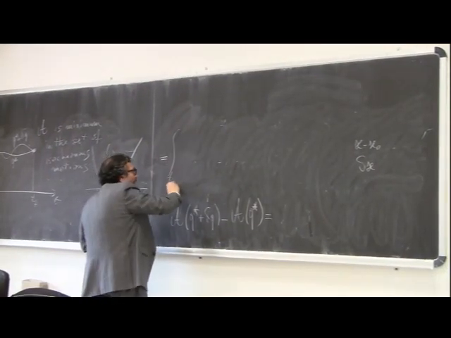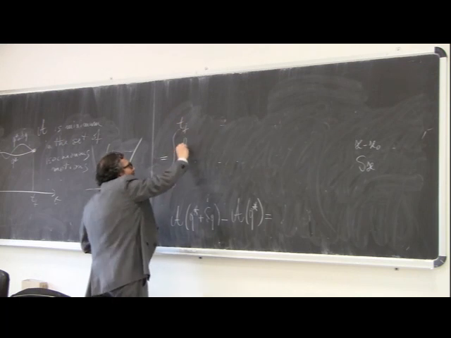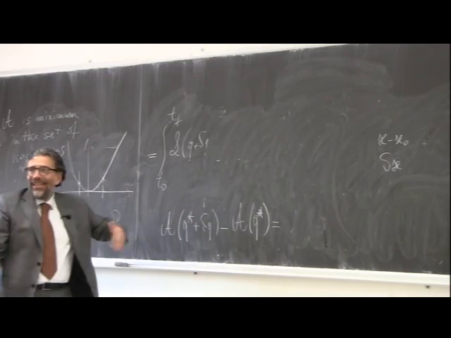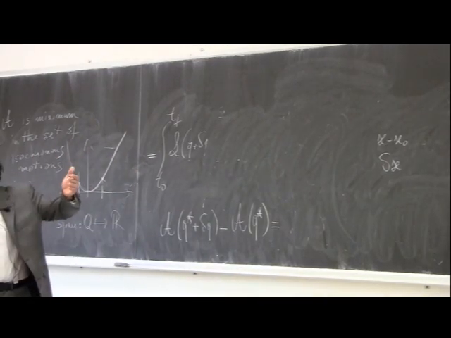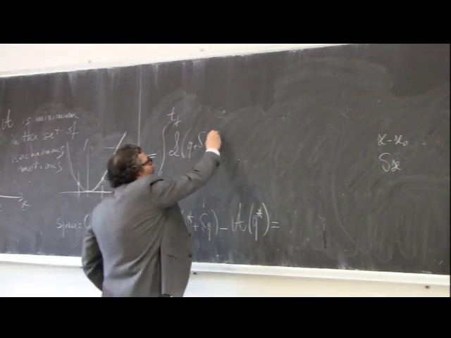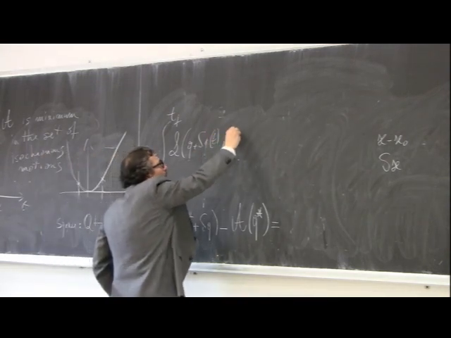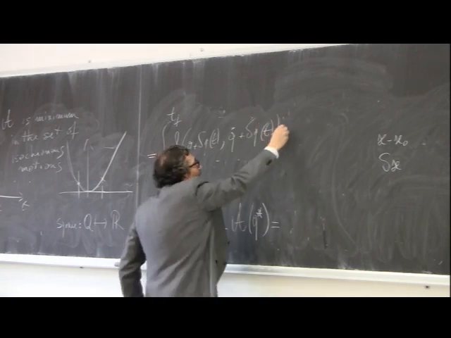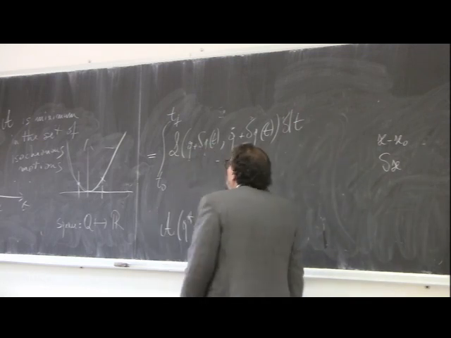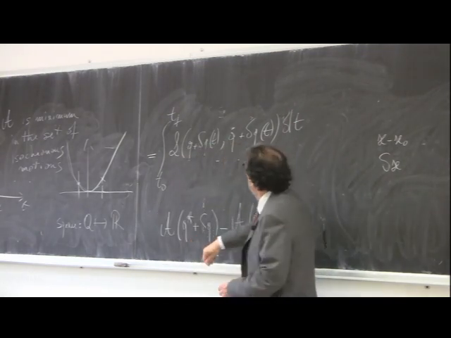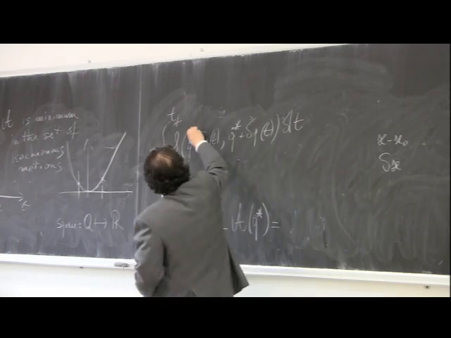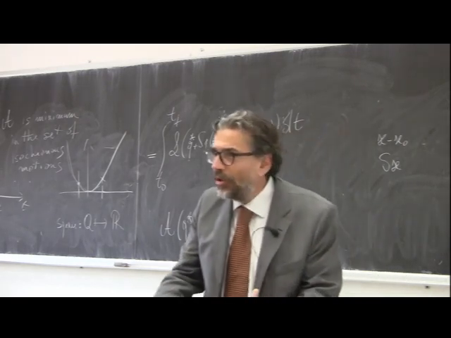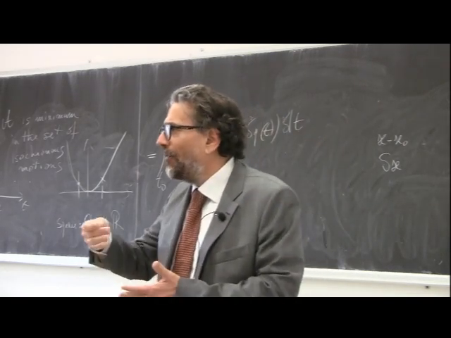Integral between T0 and Tf of the Lagrangian in q plus delta q, q dot plus delta q dot, everything depending on t, dt. This is the action, star. By definition this is the action in the varied motion.